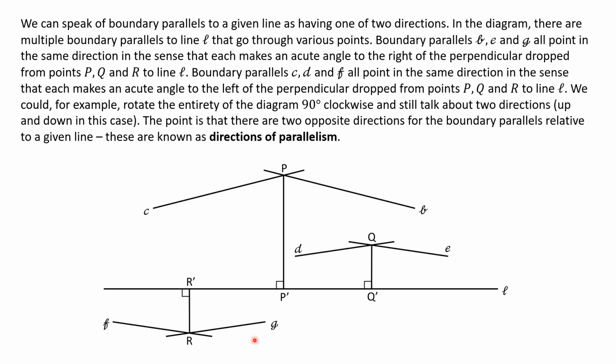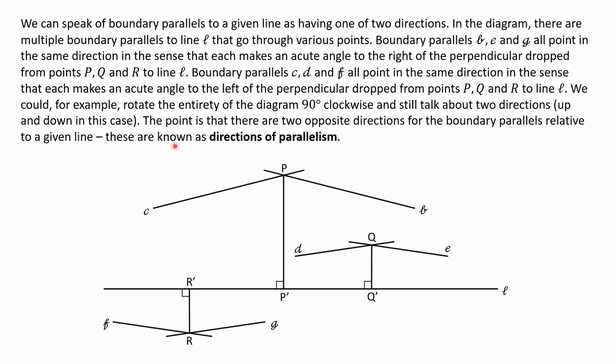B, E, and G all point to the right in the sense of making an acute angle with the associated perpendicular on the right, and then again here on the right. And then C, D, and F all point to the left.